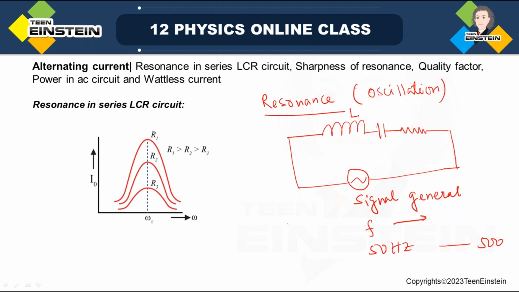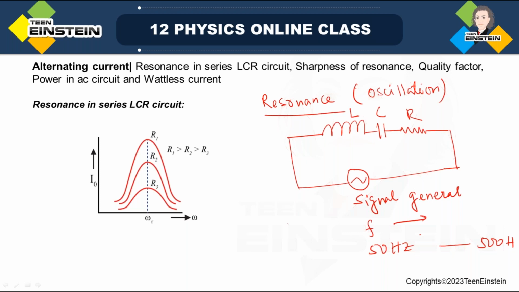So I can use different combinations of L, C, and R and vary the frequencies. For this source voltage through the signal generator, I fix one particular amplitude and vary the frequency in the circuit.